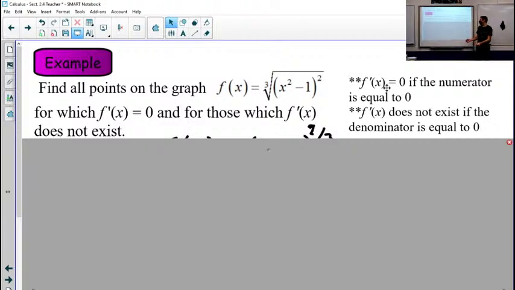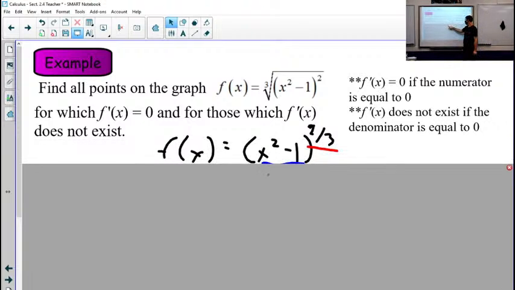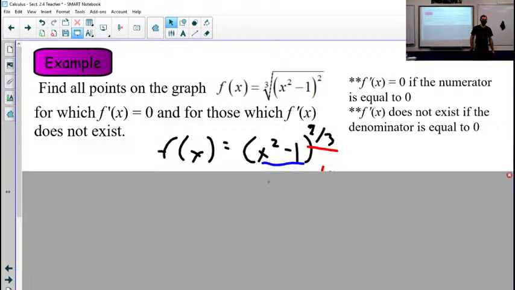But let's look at doing this. So go ahead and take a minute and take f prime of x. See what you can do with it.